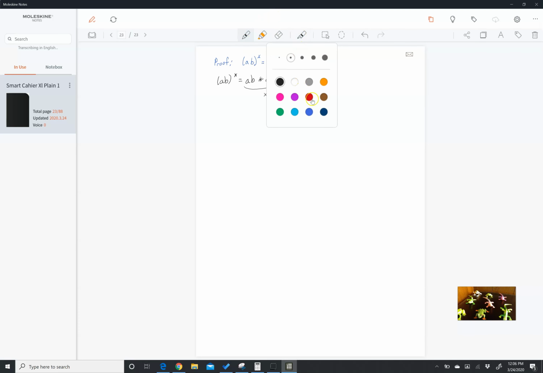It's just definition of exponents. So now we can actually rearrange this. So we can use, this is all multiplication. This is a times b times a times b times a times b and so forth.